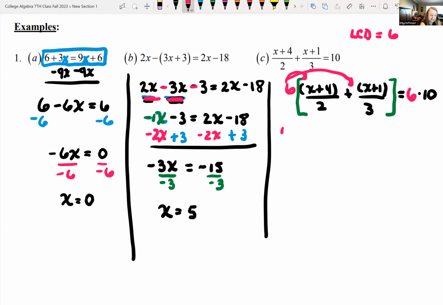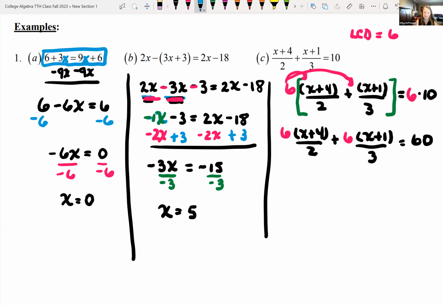So technically the 6 here is in front of the x plus 4 all over 2 plus 6 times x plus 1 all over 3 is equal to, well, 6 times 10, let's just simplify that, is 60. So the whole point of us multiplying through by that least common denominator is to clear those denominators.